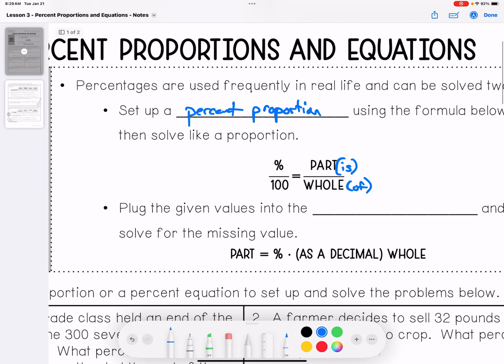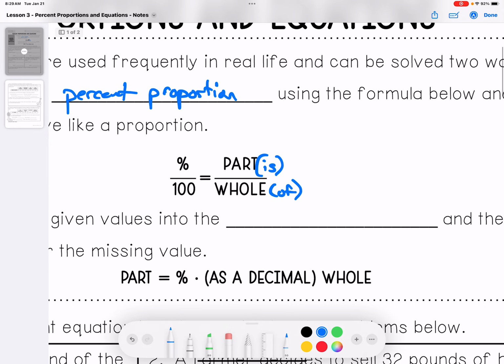All right, we're going to plug the given values into the percent equation, and then we're going to solve for the missing value. The part is going to equal the percent times whole.